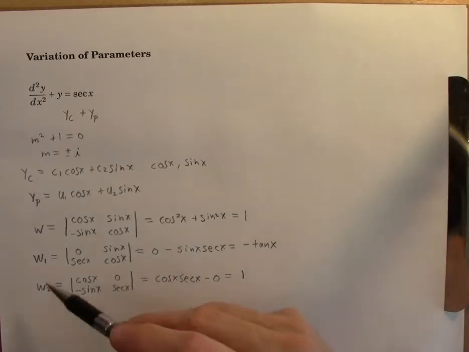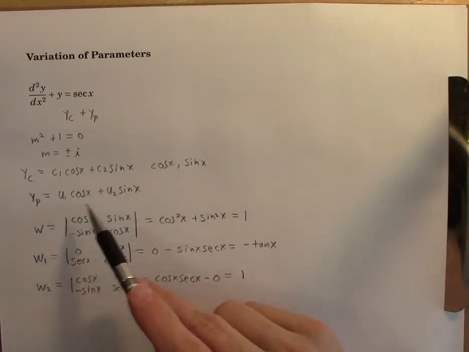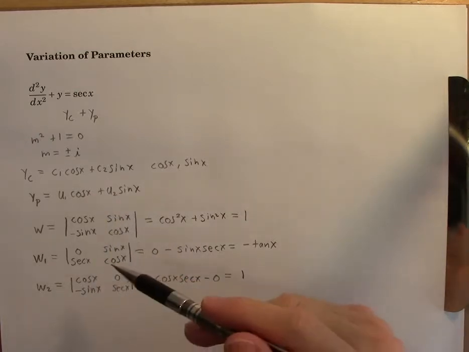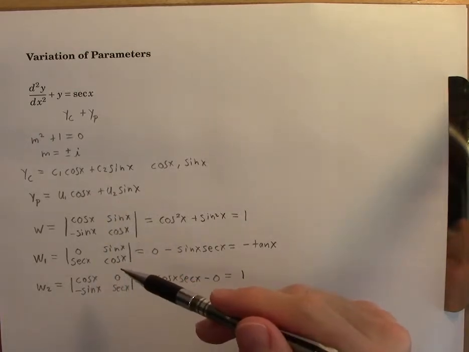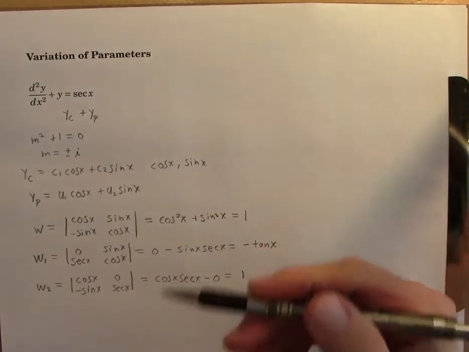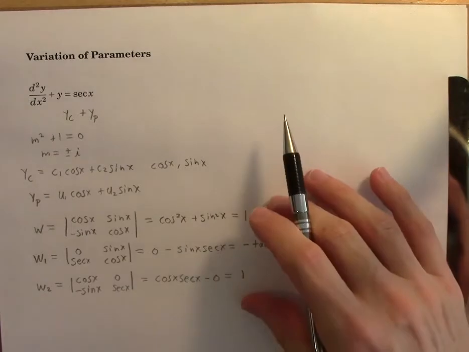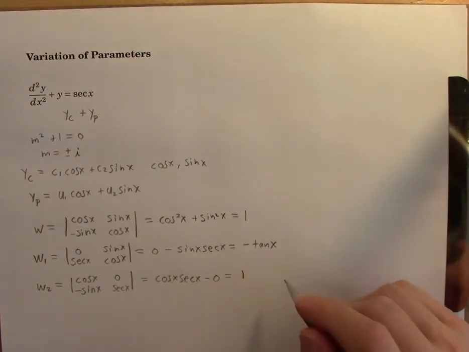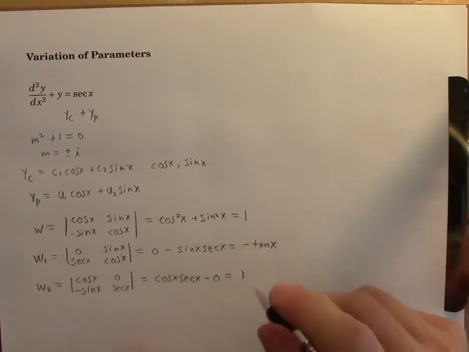Well, next we have to use these three determinants to solve for u1 and u2. The method that we're using is known as Cramer's rule. And again, we're not going into the details of that. There'll be other textbooks that describe what's going on with Cramer's rule, but we'll just show how to apply the method for this example.